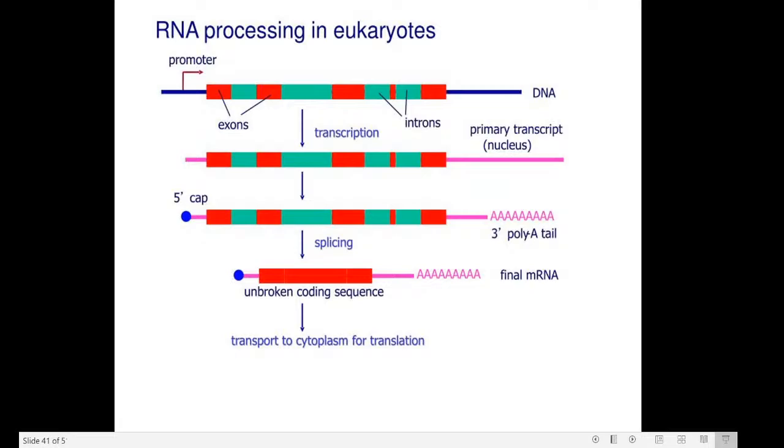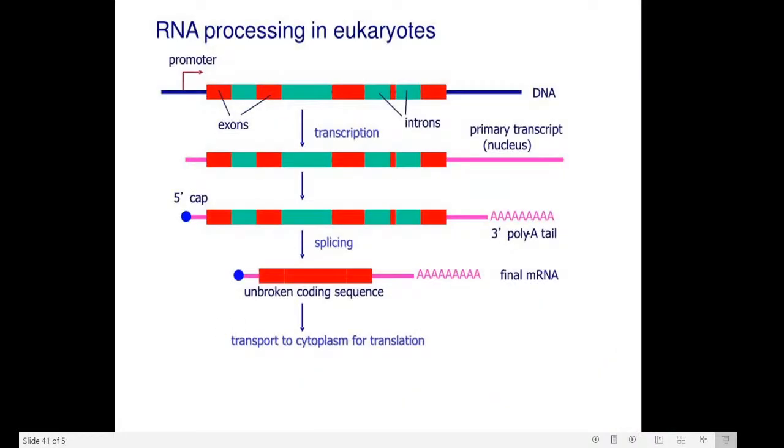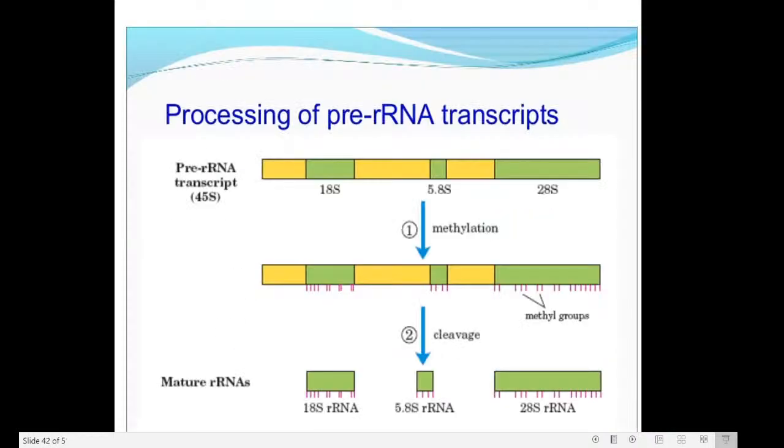This is all about RNA processing. In RNA processing, we have two different processes. One is the pre-RNA transcript, that is the 40S RNA. Here you can see different sequences, and after the methylation, some unwanted regions are recognized.